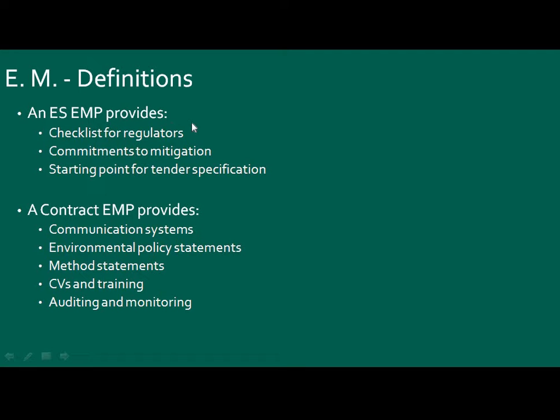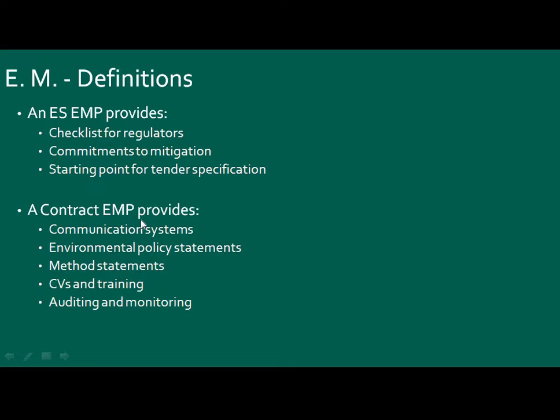Regulators means they manage the government sectors. So they have a checklist where they see whether the mitigation is followed or not. It is a starting point, because in the environmental statement you are already giving mitigation measures. So ESEMP is the document by which they will verify that checklist. From the tender specification onward, they will keep on checking.